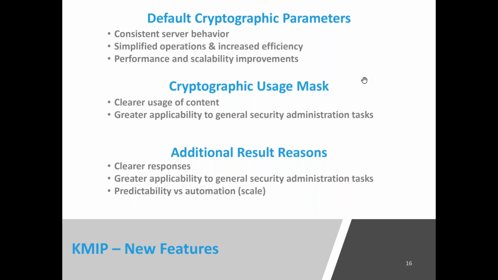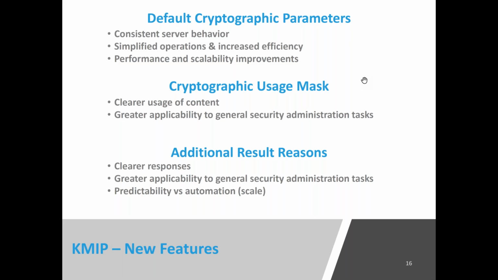Okay, additional result reasons. We did have a set of, effectively, error codes within the system. We did have a set from 1.0, and we have been adding to those as we went on. But in a lot of cases, as many of you will attest, error codes are generally left as the last thing to be worried about.